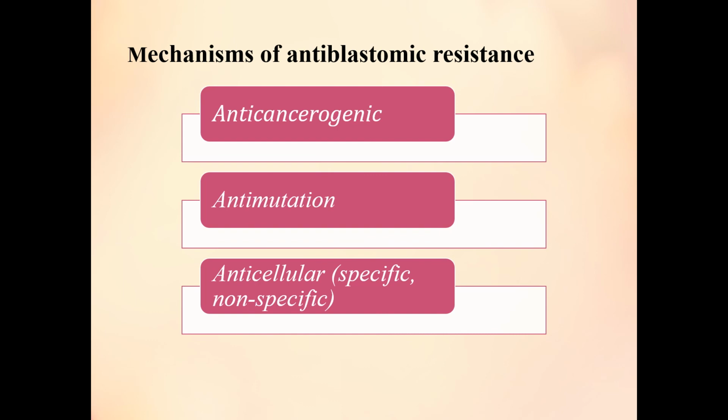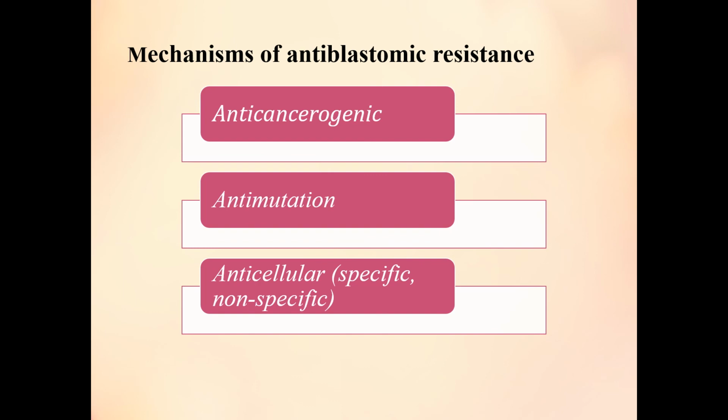And the third mechanism is the anticellular mechanism, and the significance of this mechanism is to identify and destroy genotypically and phenotypically foreign cells in order to maintain the constancy of the normal cellular composition.